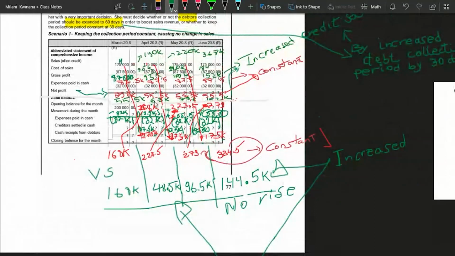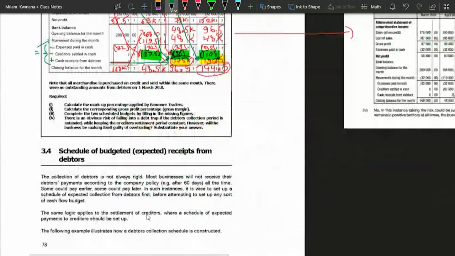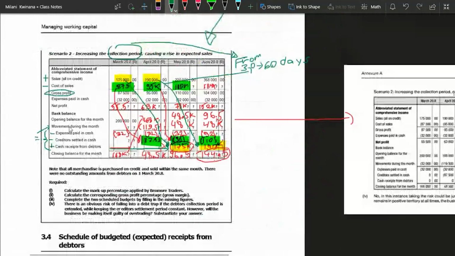Yes, sir. Okay, do we agree on that? And I don't know, Milani, if you heard me. I said that you take the opening balance of the month minus the movement during the month. It can be a minus, it can be a plus. If it's a plus, let's say you only received, it's not necessarily a minus, but in this case, the expenses paid is a minus.